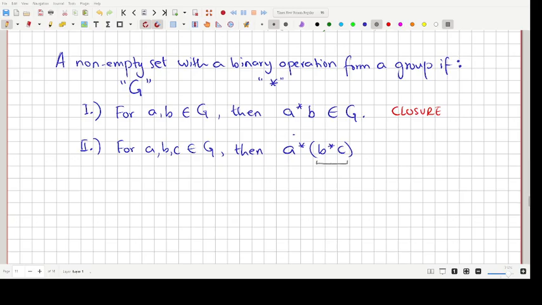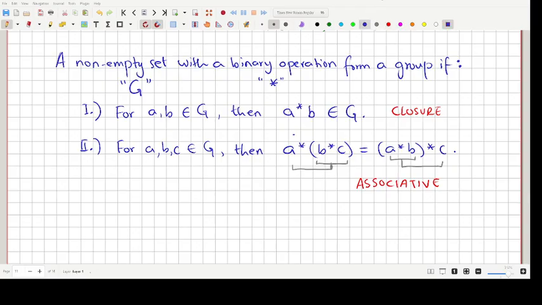We'll get some answer here, and then the operation is conducted with a. So this is the same as (a star b) star c. Even if we change the order of the operation, the answer remains the same. And this, my friends, is called the associativity property. So the operation is associative.